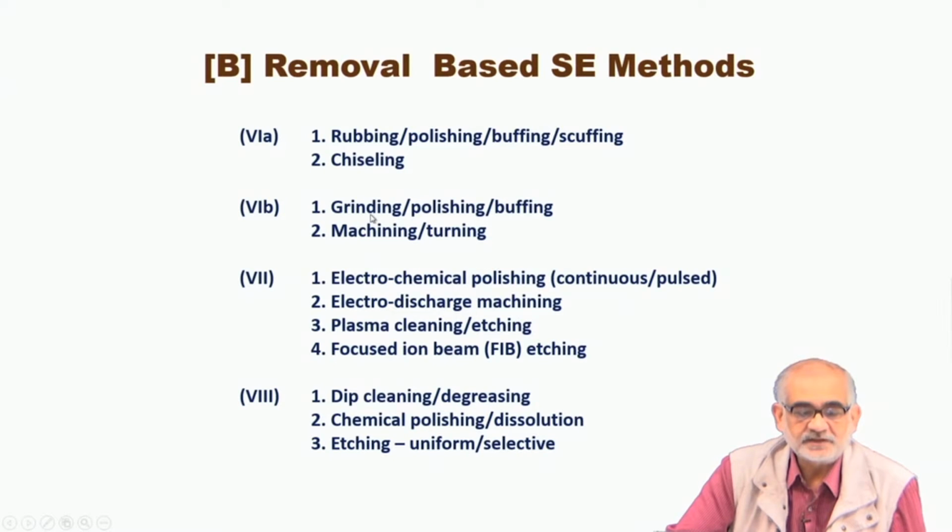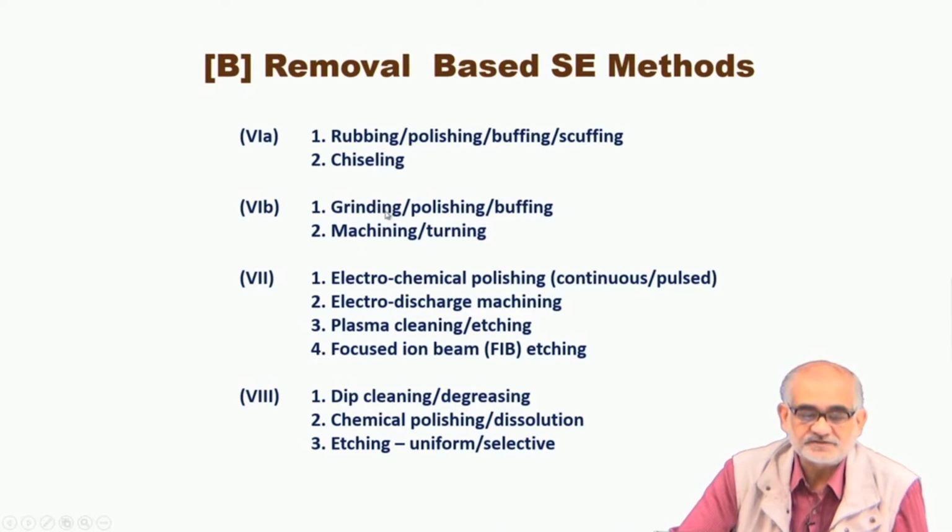We can also do a similar thing of removal of material by way of grinding or polishing or buffing. These are all machine driven processes, and we can also remove a very controlled amount by using a lathe or machining or turning or drilling and so on. So, these are also processes which allow you to do surface engineering by way of removal of material from the surface.